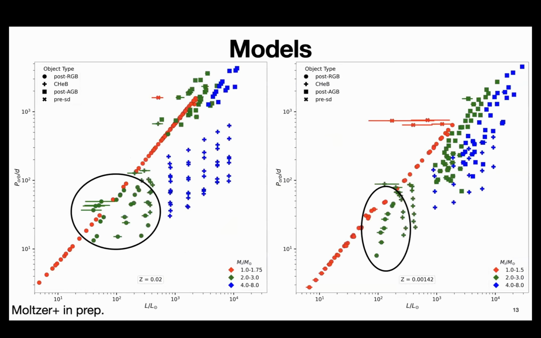Then I want to draw your attention to this other set of post-RGB stars. They have progenitor masses of 2 to 2.5 solar masses. And you can see that these do not follow this strict luminosity-orbital period relation. This is the case because around this parameter space, the core of an RGB star starts becoming non-degenerate, which means it will not follow tight core mass-luminosity and core mass-radius relations, meaning it starts deviating from our luminosity-orbital period relation.